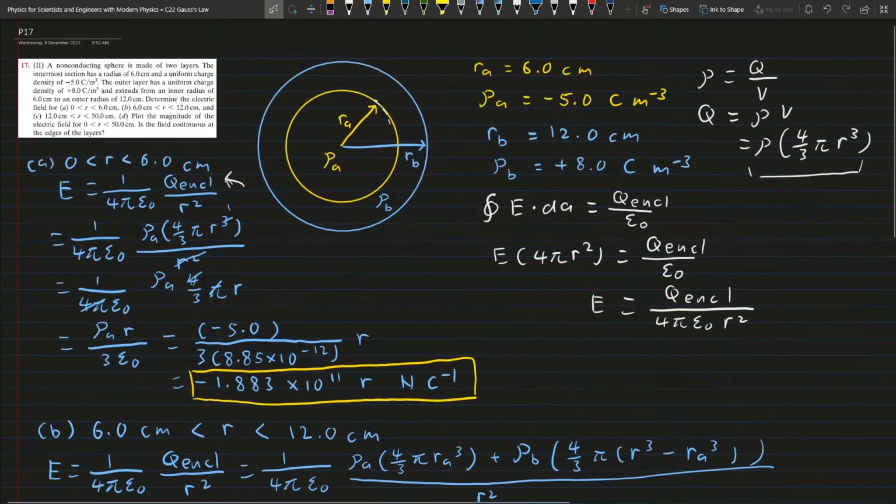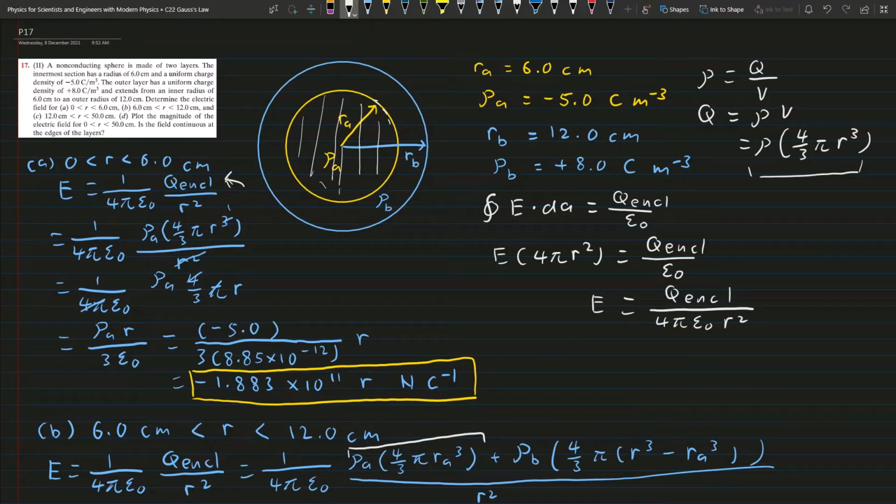Now you can see from here, actually this part here is referred to the core volume inside the innermost section.